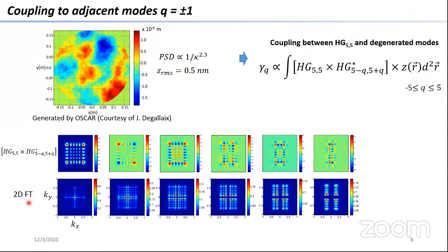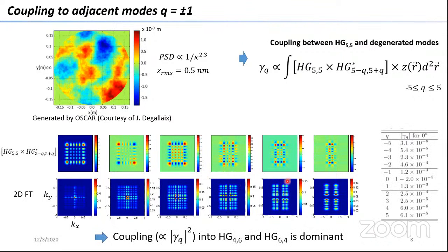If you look at the 2D Fourier transform of this product, we see that the imperfections will need frequencies more and more high as we increase the index Q. When we put some numbers on this, we see that most of the coupling is between the HG55 and the adjacent modes, Q equal plus or minus 1.